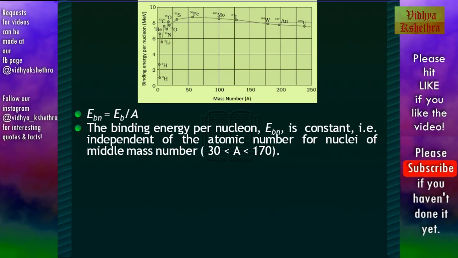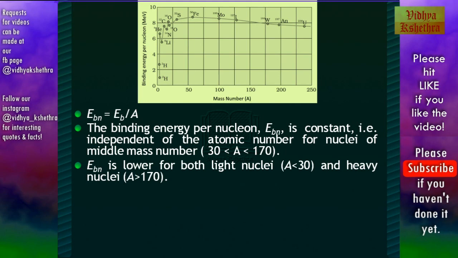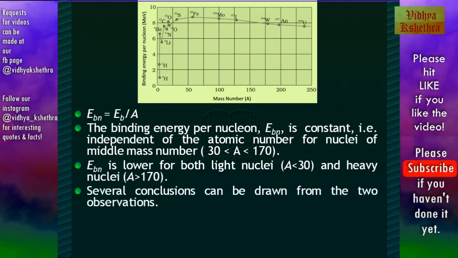That is, the binding energy per nucleon, EBN, is constant and independent of atomic number for nuclei of middle mass number, that is between 30 and 170. EBN is lower for both light nuclei, that is for A lesser than 30, and for heavy nuclei, that is for A greater than 170.